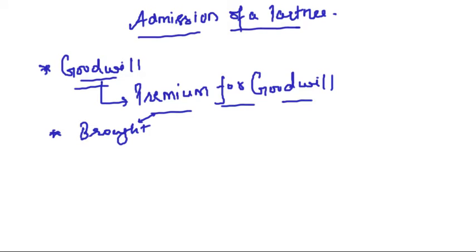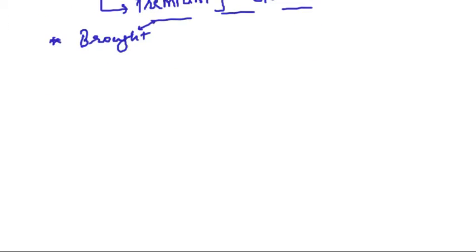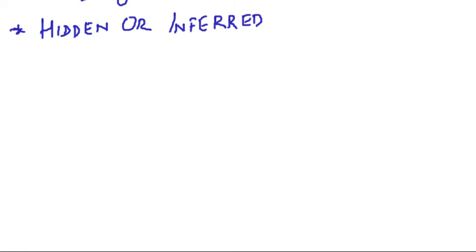Now we are going to do one more topic relating to goodwill only. This is hidden or inferred goodwill. Inferred means implied goodwill. So this is the topic, hidden or implied goodwill.